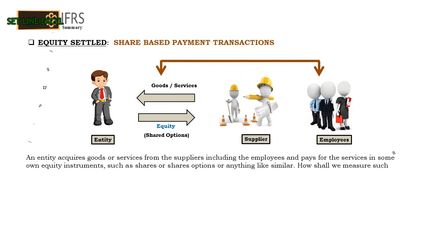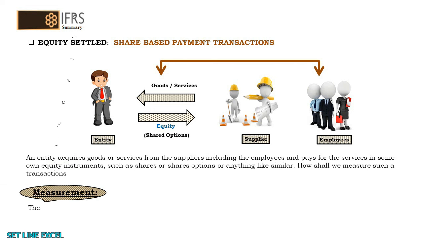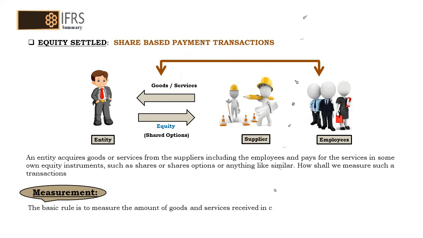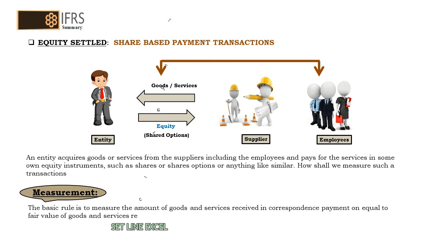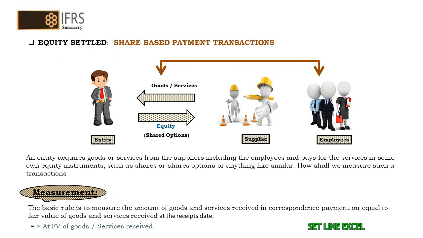How shall we measure such transactions? Measurement. The basic rule is to measure the goods and services received, in correspondence with the payment, at the fair value of the goods and services received at the receipt date.